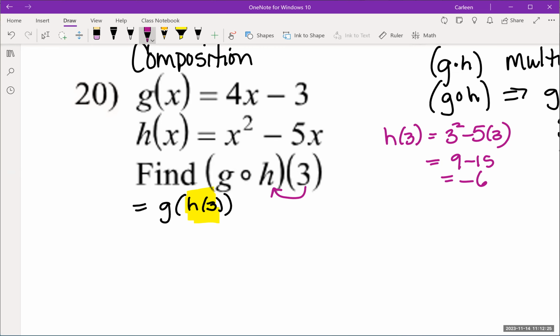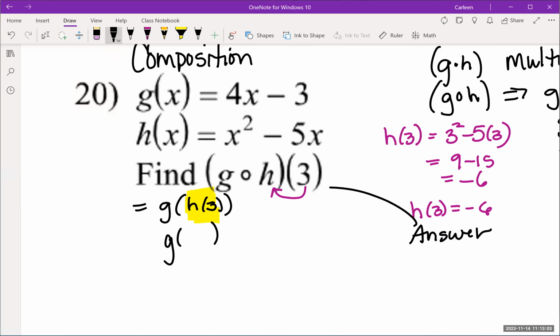Okay, what's my next step? So H of 3 equals -6. So now I'm going to do G of -6. Yeah. So I take the answer and plug it in right there.